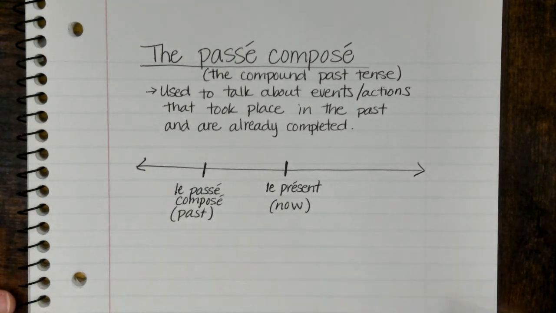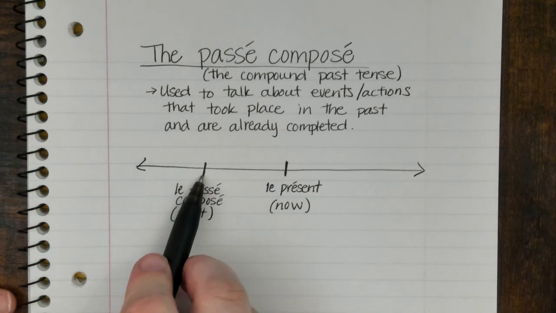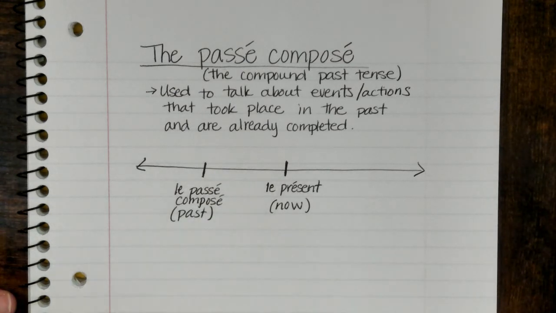And it's an event that happened at this point in time and finished happening at that point in time. It's not something that started in the past and is still happening now. It's something that happened once and then it was done with. Or it might have happened repeatedly, but not over a period of time. It was just like a one-time thing.